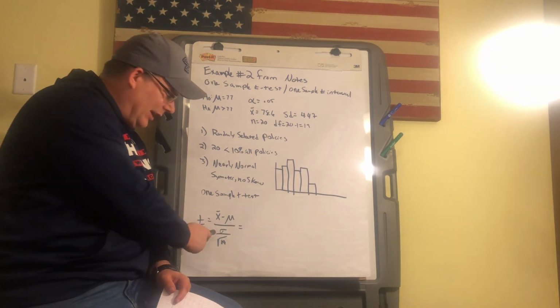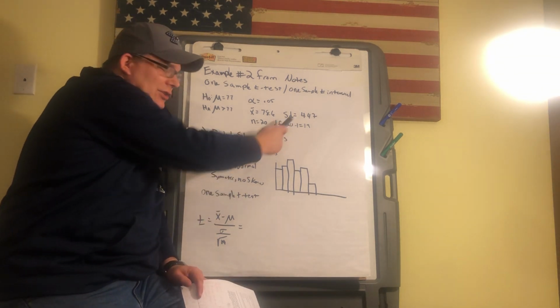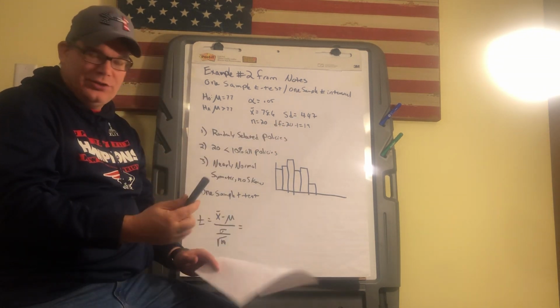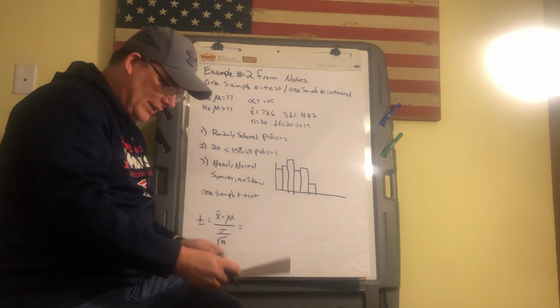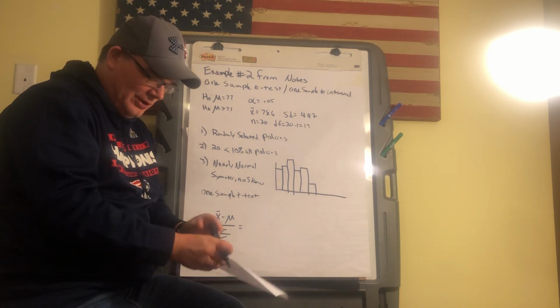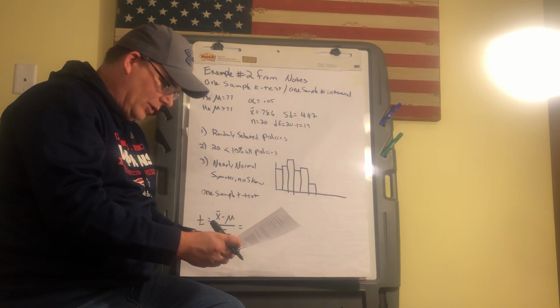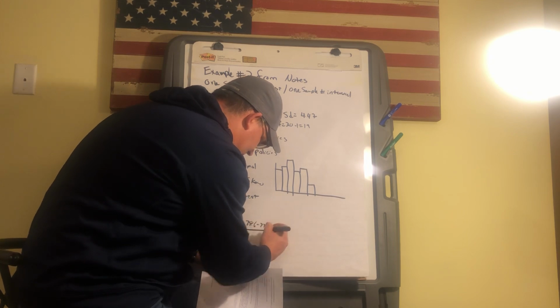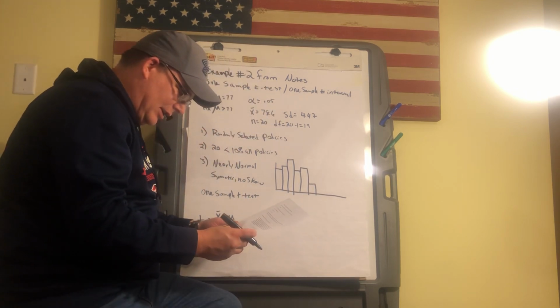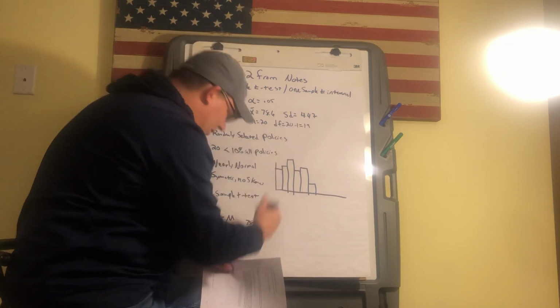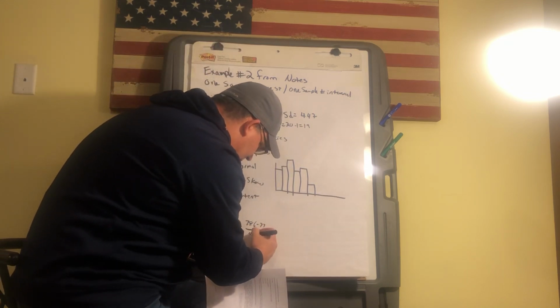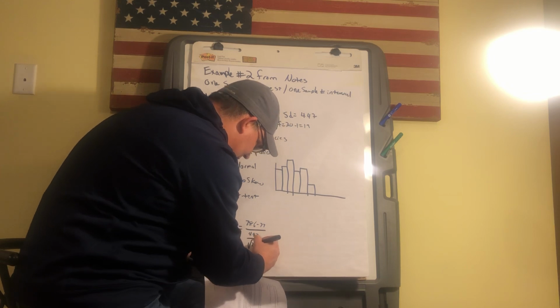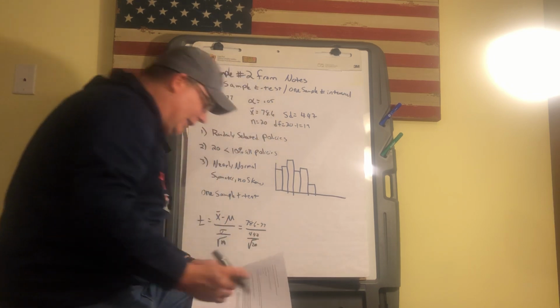Now that standard deviation is based on our sample, not the population, because that's the best information that we have. Okay, so in this case, we're going to go 78.6 minus 77, and the standard deviation 4.47 divided by the square root of 20.